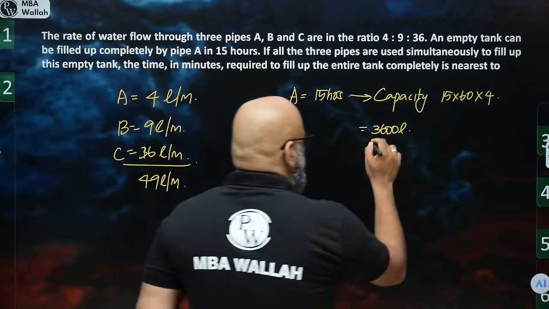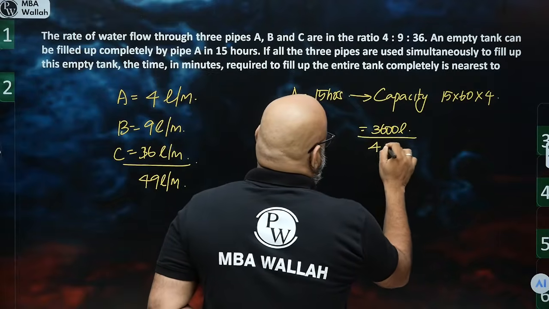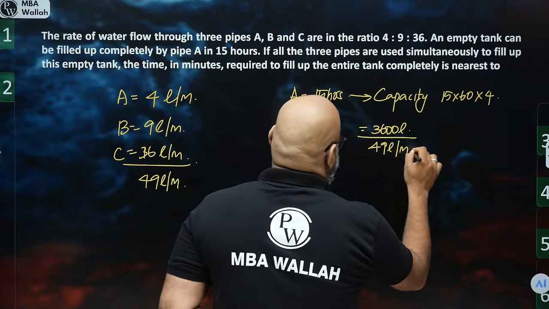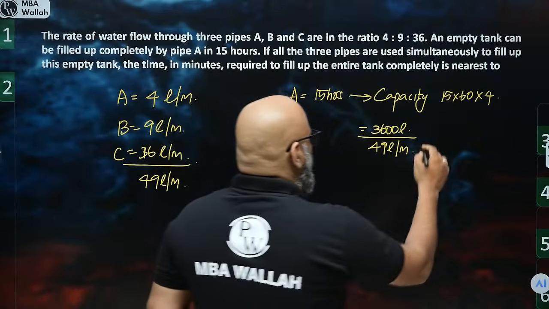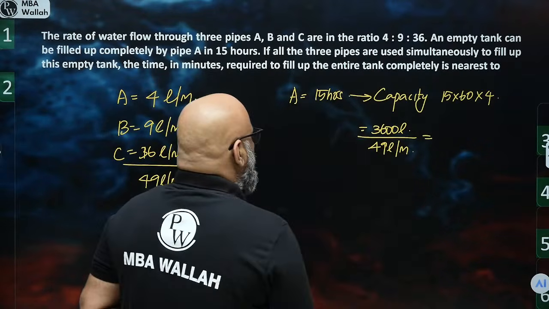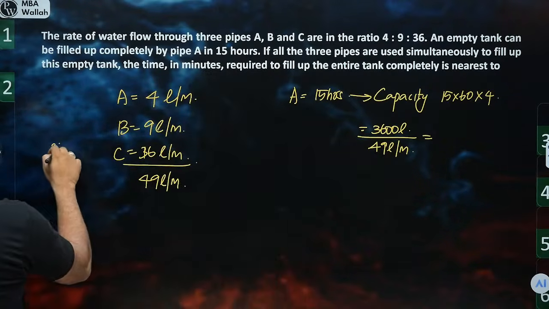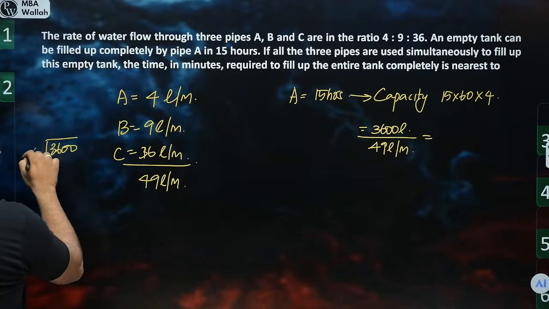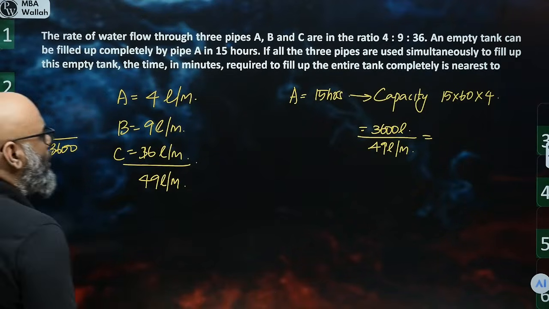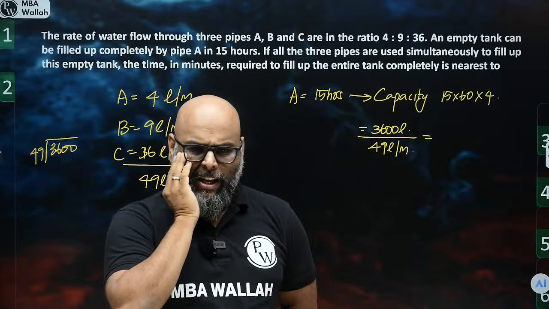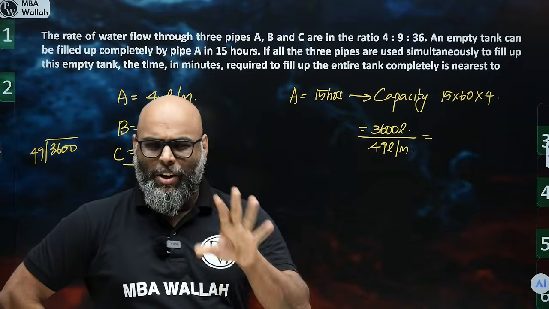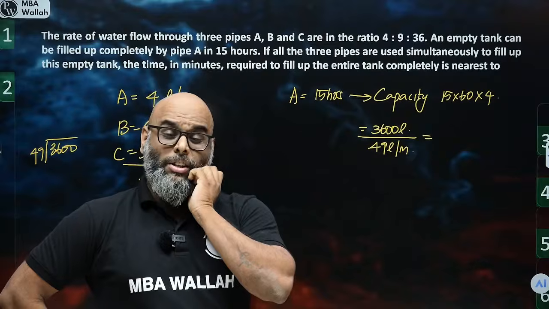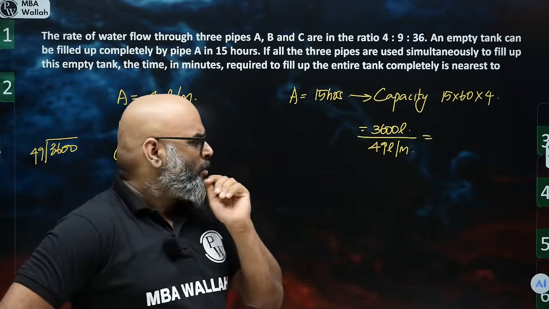Simple. 3600 divided by 49 liters per minute. 3600 by 49. 3600 by 50 is exactly 72. Precisely 72.